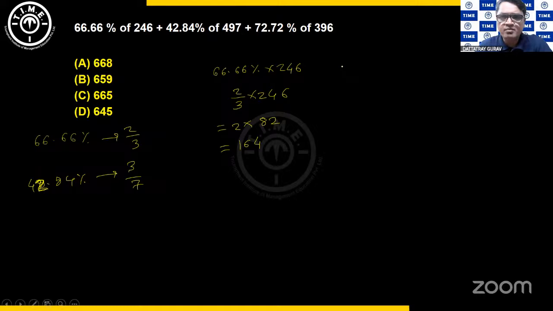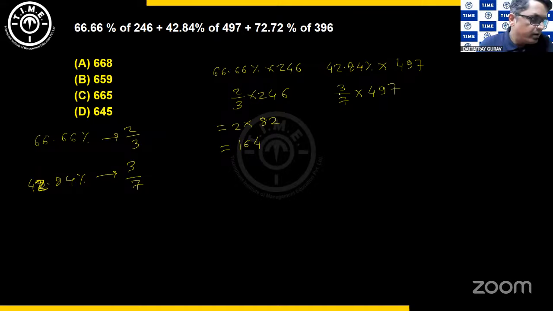Now the second number, 42.84% of 497. This is nothing but 3 by 7 into 497.